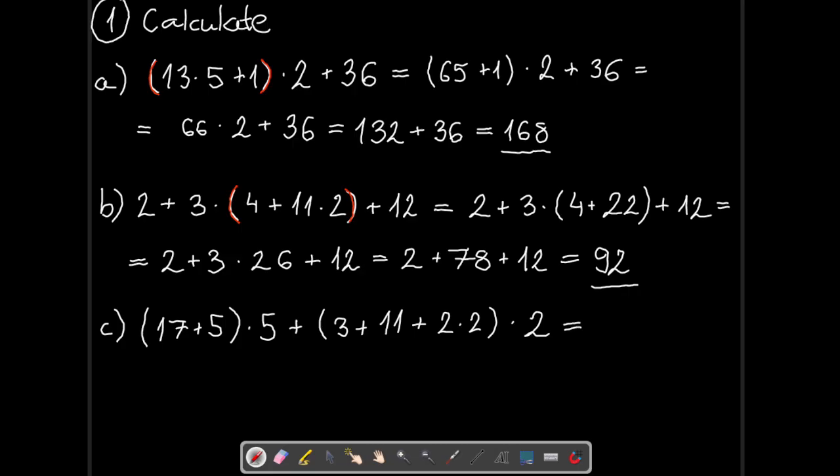Okay, so this time we have two brackets here. We can solve the first bracket quite easily. It's just the addition. So 17 plus 5 is 22.